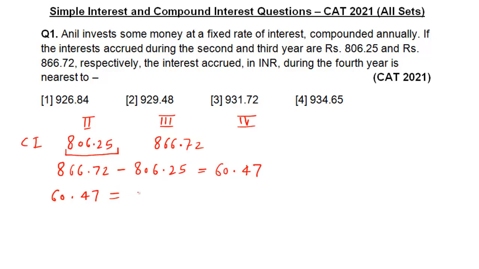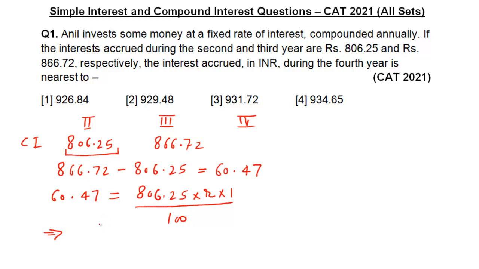So I write here, this is 806.25 multiplied by rate of interest multiplied by 1 year divided by 100. So this will give me the rate of interest, right? Why am I doing this?